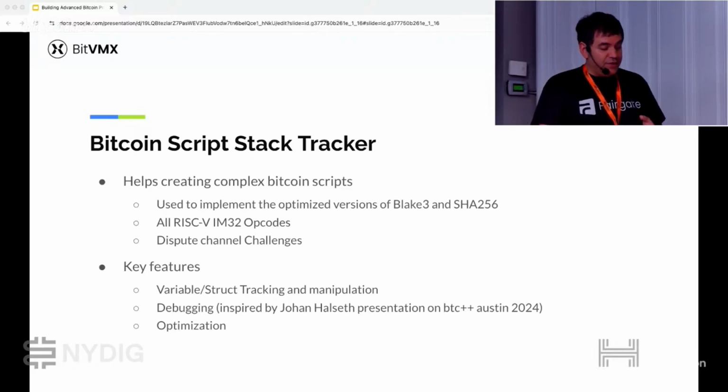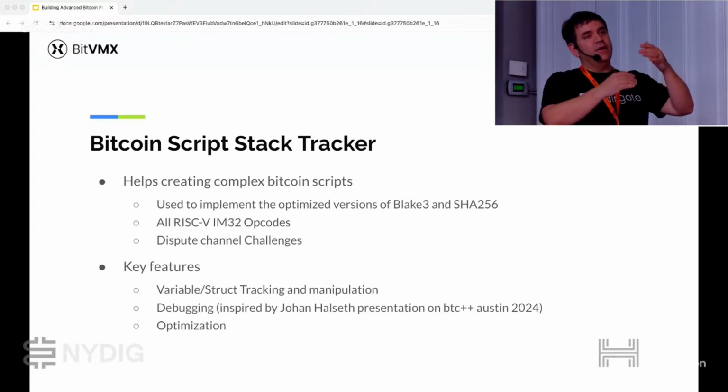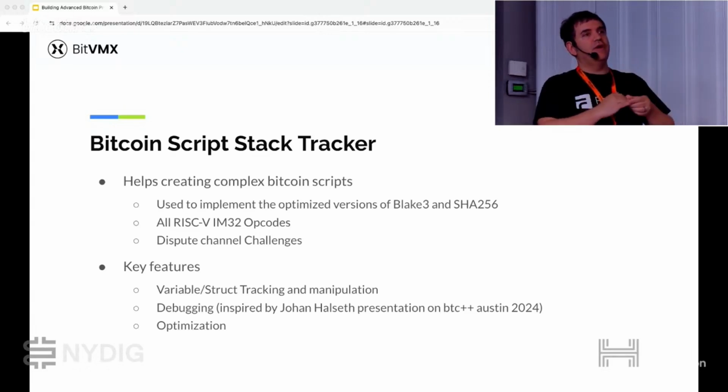What are the key features of the library? The idea is that when you want to write Bitcoin scripts, the moment you start moving elements around the stack, it starts becoming very difficult. It's complex to manipulate the elements because they start moving and you need to track where they are.